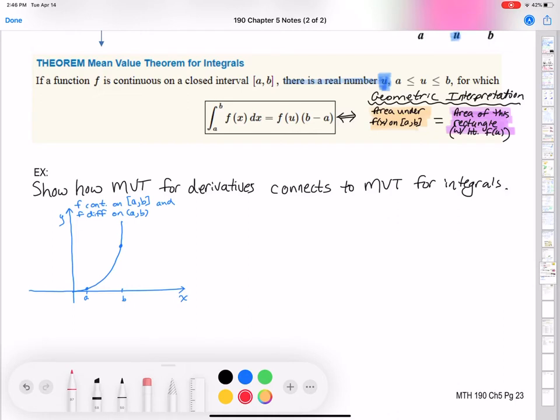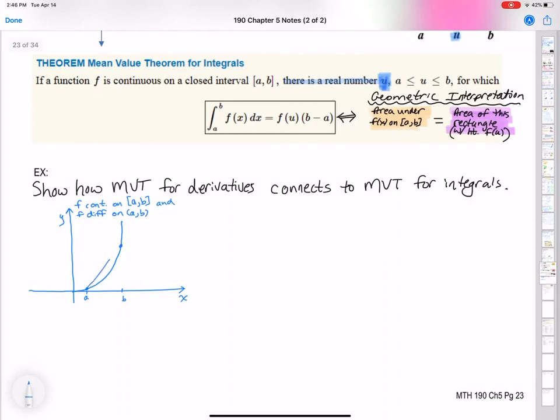So the mean value theorem was about the existence of c such that the average value, or the slope of the secant line, would be equal to the slope of the tangent line at some point c in that interval. Okay, so let's say that's my c.